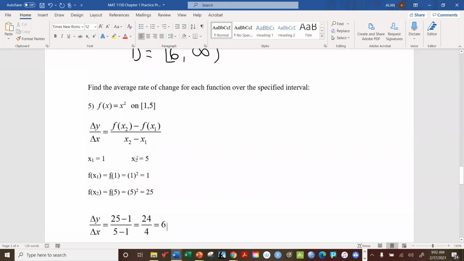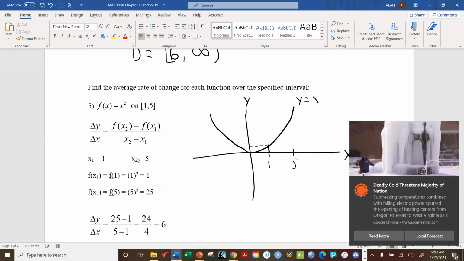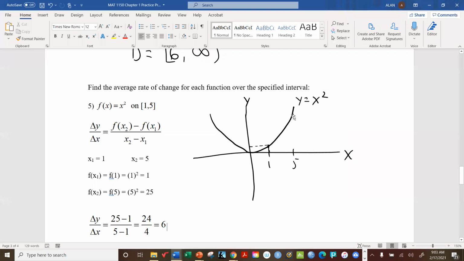So let's see if we can visualize this. It's not drawn as well as it could be, but basically, imagine that there's a tangent line here somewhere.